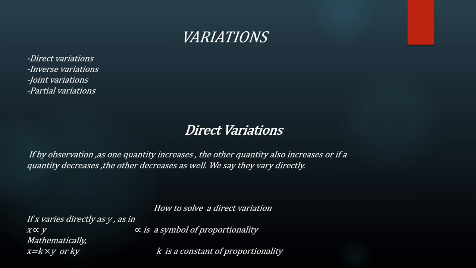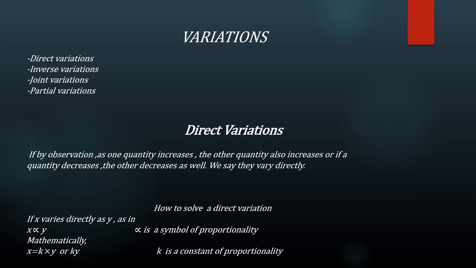Mathematically we have x equals k times y, or ky, where k is a constant of proportionality. You should notice here we've taken away the symbol of proportionality and we introduced our equal to sign and our k. Please note the difference between both. The first thing we have here is a proportionality, x varies directly as y, and then mathematically we have it as x equals ky.